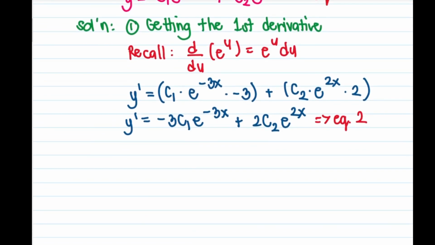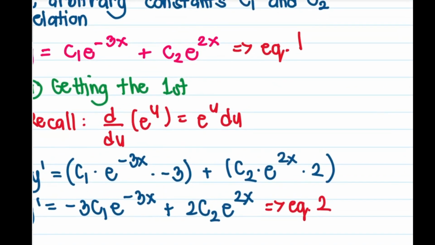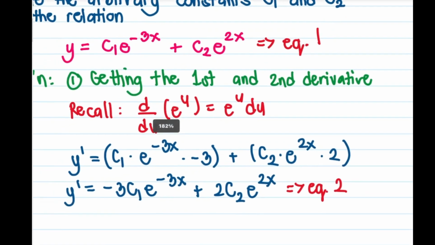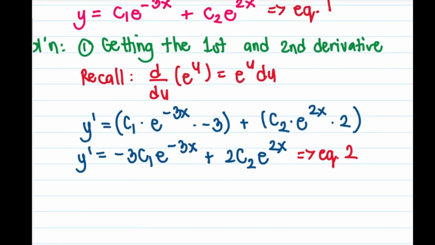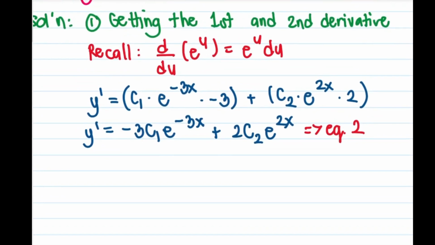So how about the second derivative? Let me rewrite this first and second derivative. So commonly in this type of equation, since we have two constants, we need to obtain also the second derivative here. So let's have the second derivative.